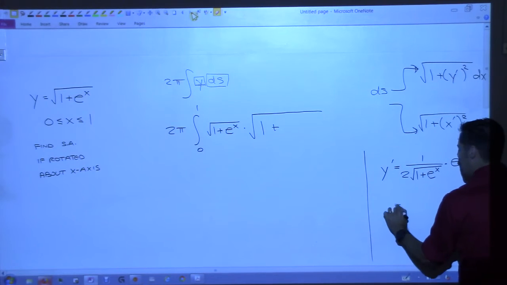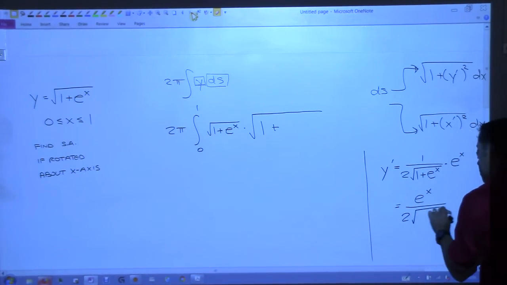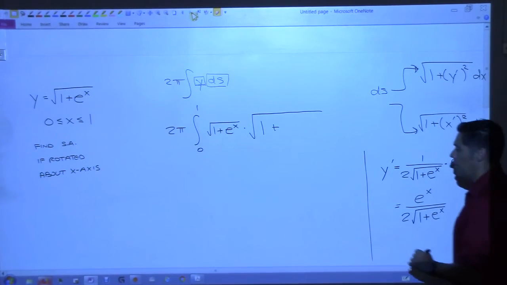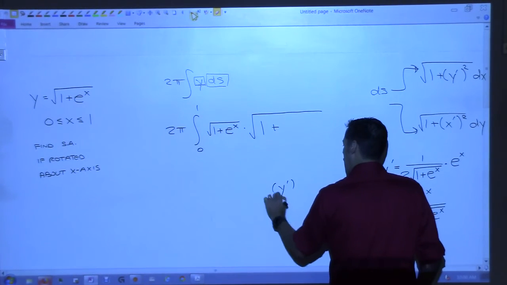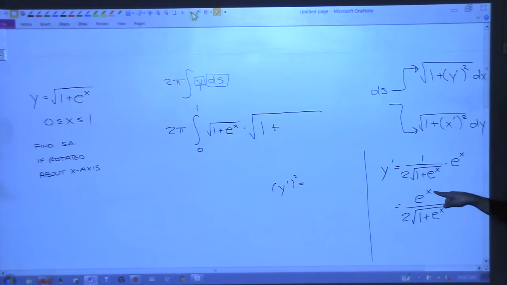So this is really just e to the x over 2 root 1 plus e to the x. Now I get to do what to it? Square it. Okay, so when I square that, nice things happen. What happens when you square e to the x? You get e to the x squared, that's e to the 2x.